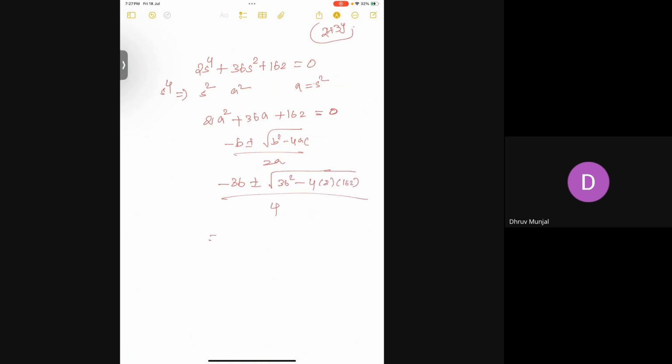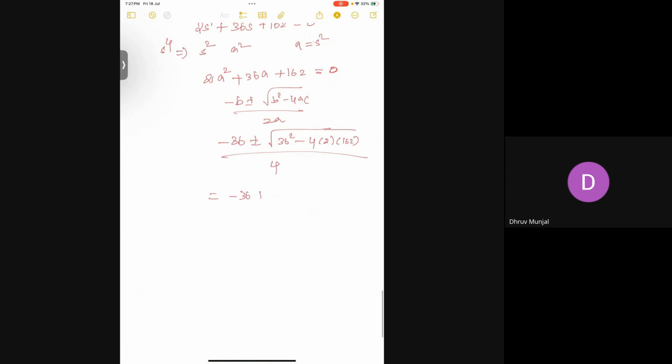So what is 36 square? 36 into 36, minus 8 into 162.